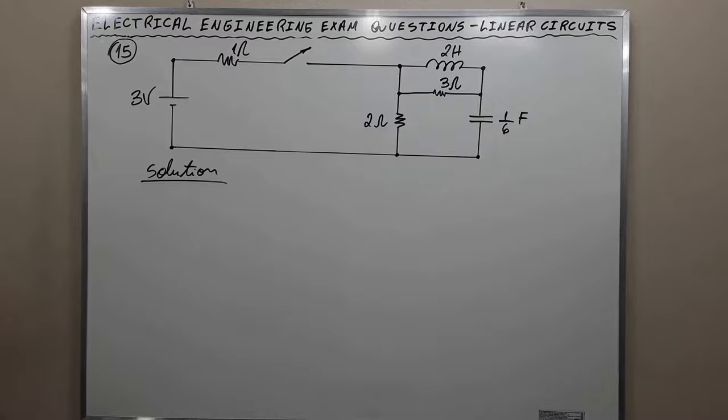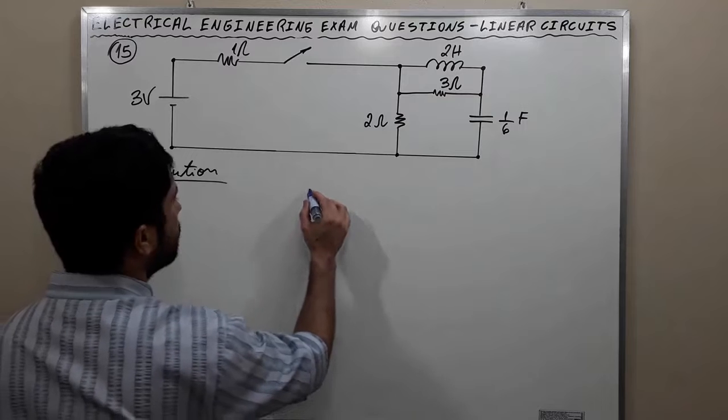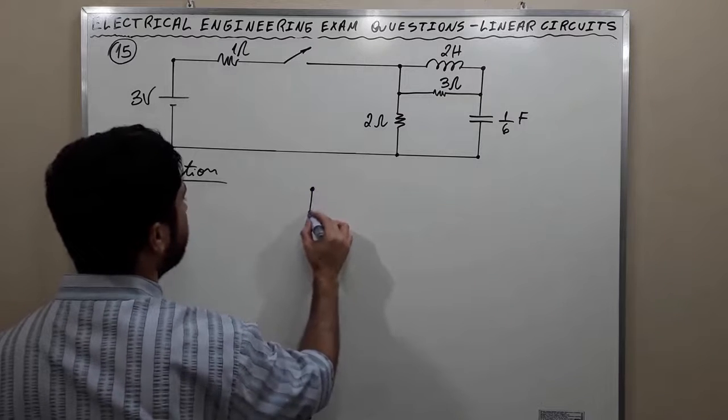After the steady state has been reached, the inductor is going to behave as a short circuit and the capacitor is going to behave as an open circuit. Hence, the circuit behaves in steady state as we can reduce this circuit as this.